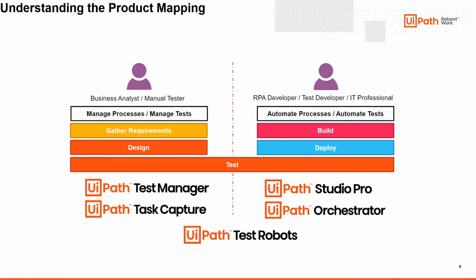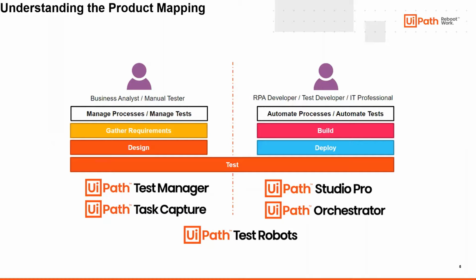Now, UiPath Studio Pro will allow the RPA developer, test developer, or IT professional to automate the process which is expected to be automated, and then Orchestrator will allow them to deploy it in a specific environment.